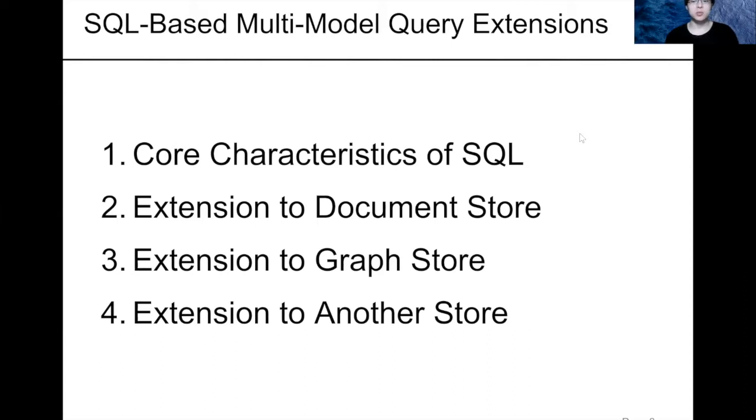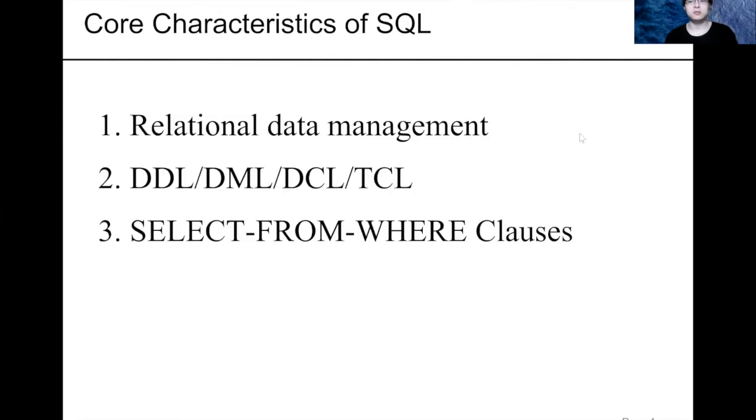Then, two main SQL-based extension directions will be introduced, which are extension to document store and extension to graph store. Finally, some interesting other extensions will be briefly introduced. Let's get started from the first section.